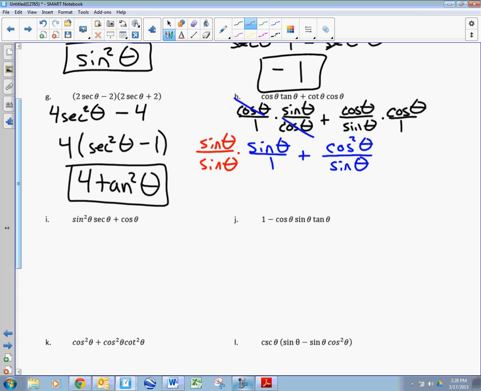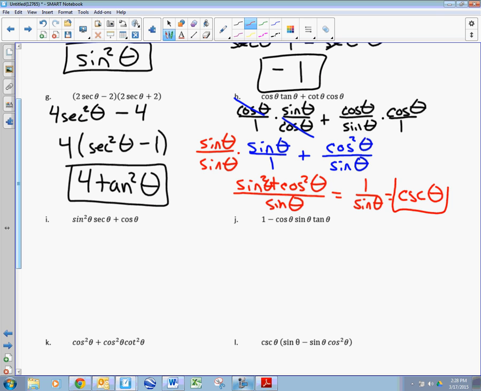Well, I get a sine squared plus cosine squared. That's pretty good. So who cares about the denominator? We'll figure that out later. Sine squared of theta plus cosine squared theta over sine of theta. What's sine squared plus cosine squared again? What's 1 over sine? Cosecant of theta.